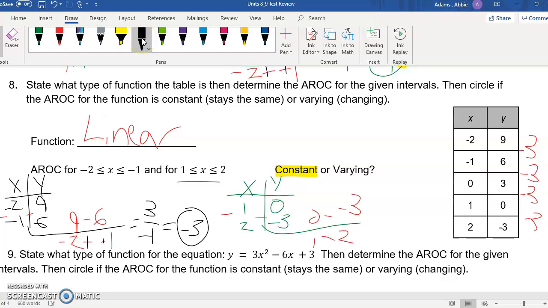When you subtract a negative, you're adding a positive using your integer rules. So 0 plus 3 is +3. And 1 minus 2 is -1. And if you simplify 3 divided by -1, you will get an average rate of change of -3. Comparing those, -3 and -3, those do equal each other. So therefore, the average rate of change for the function is constant.